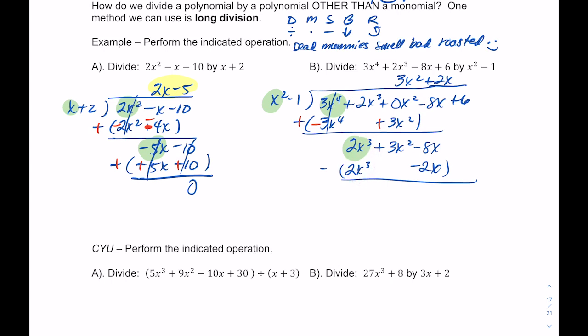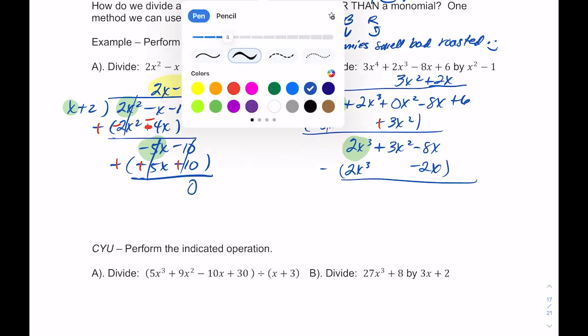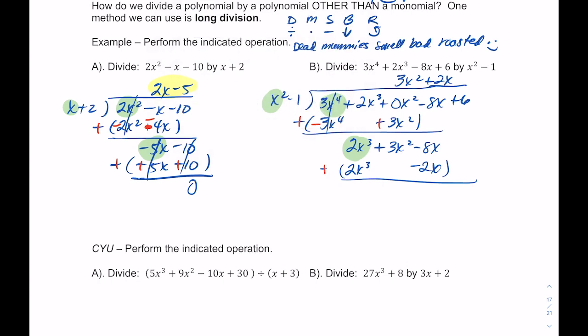If you noticed in the last problem, the first terms always ended up being the same, but they are opposite signs, so they'll cancel. Okay, and here when you're subtracting a quantity, you can change the minus to a plus and change the signs on the inside. So the 2x cubes cancel. I'm going to bring down my 3x squared. Negative 8x plus 2x gives me negative 6x. And then I'm going to bring down the 6.